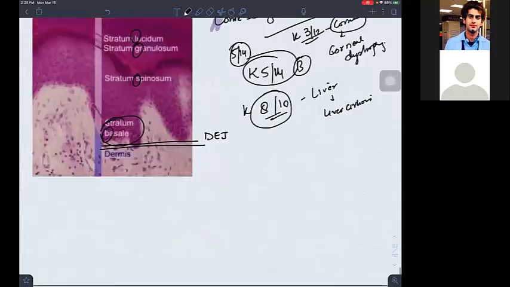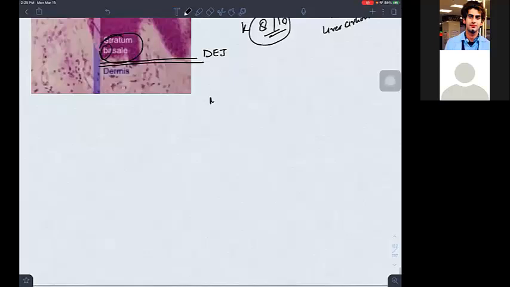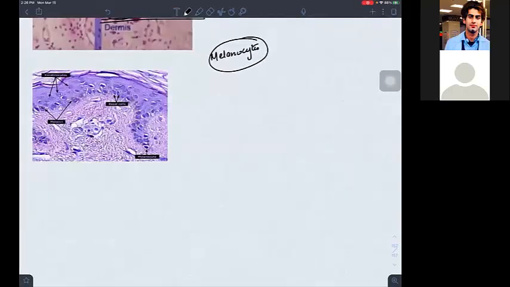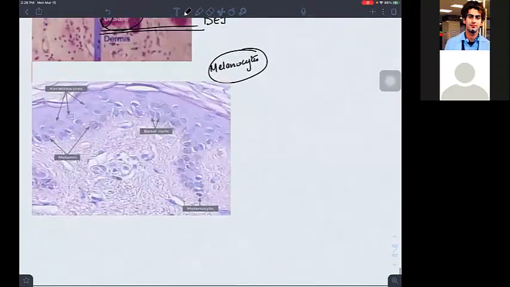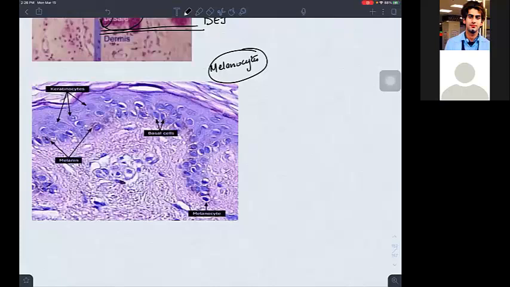Now we said that we have melanocytes in skin. These melanocytes are dendritic type of cells. They are present in the stratum basale.